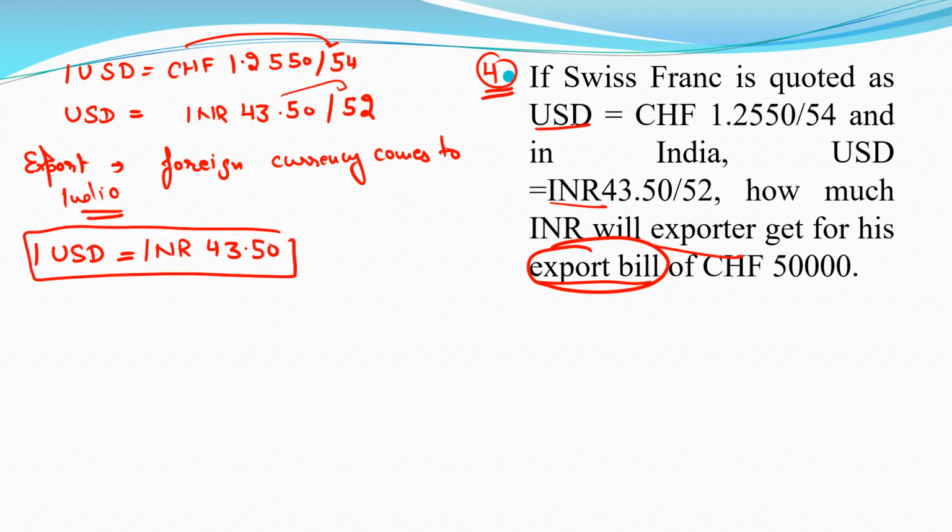But which rate will we take here with respect to the Swiss francs, either the buying rate or the selling rate? Basically we will take Swiss francs from the customer, but we have to sell them for US dollars, because we have conversion only with respect to the US dollar.